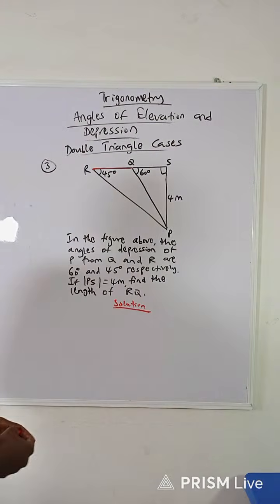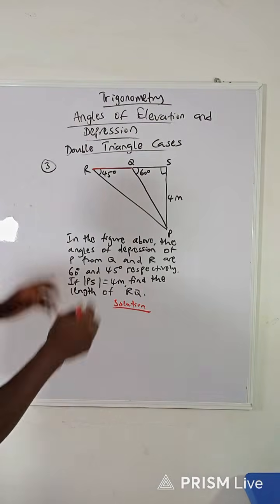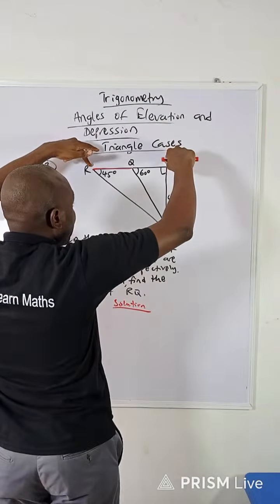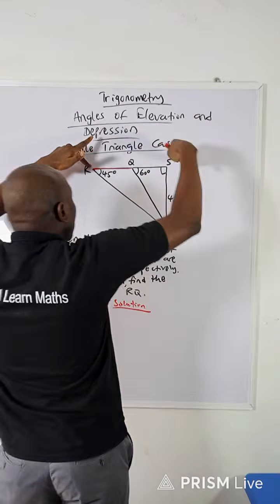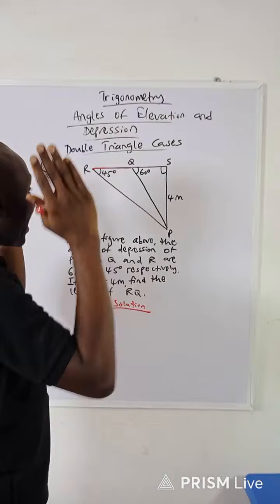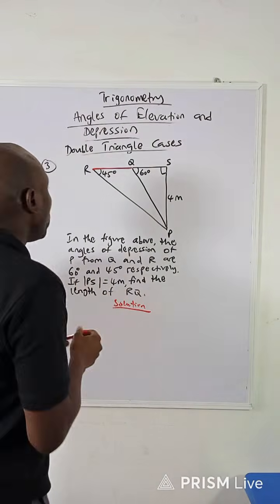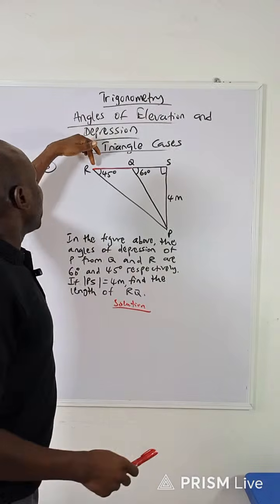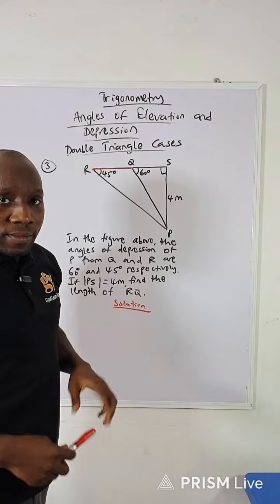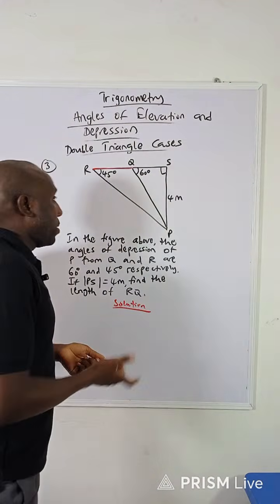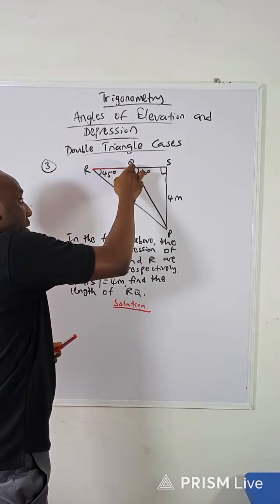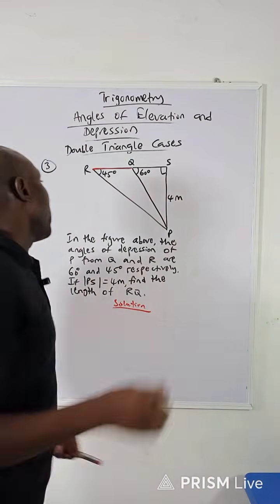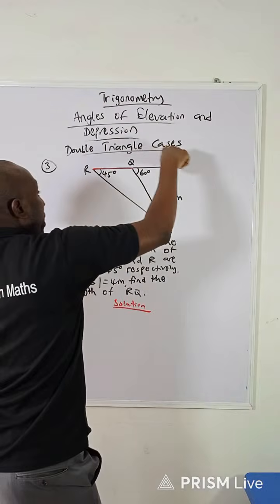I think I should just give this a try now. First thing you want to do is to find RS. That's the whole distance. Once I get the whole distance, I'm going to use triangle RSP to get the distance from R to S. I'll just act as if this line inside this big triangle does not exist. So I'm going to deal with triangle RSP.